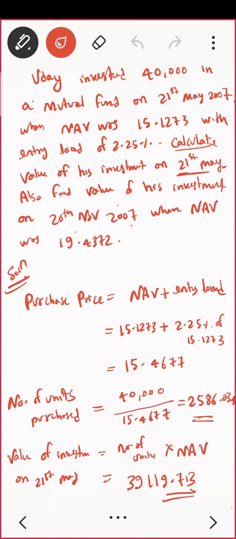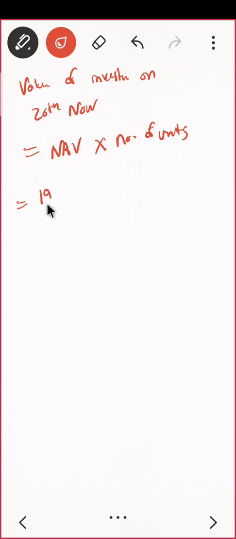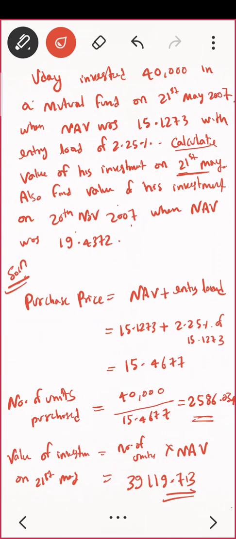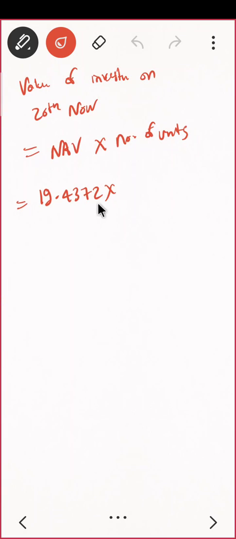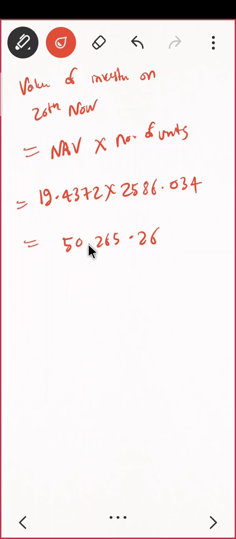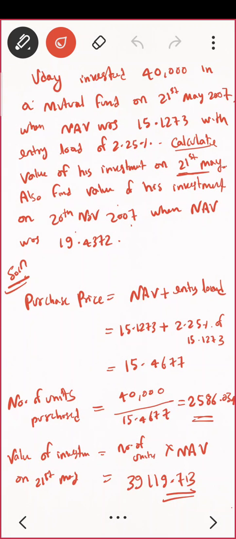The NAV is 19.4372, multiplied by number of units, 2586.034. If you multiply and tell me, it will be around 50,265.26, that is 50,265 rupees. Yes. Is that clear? This is how you should calculate.